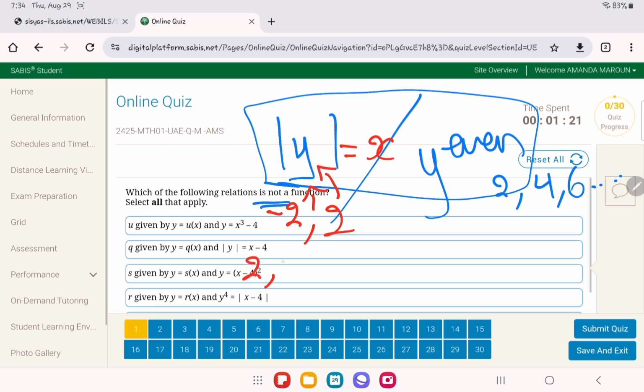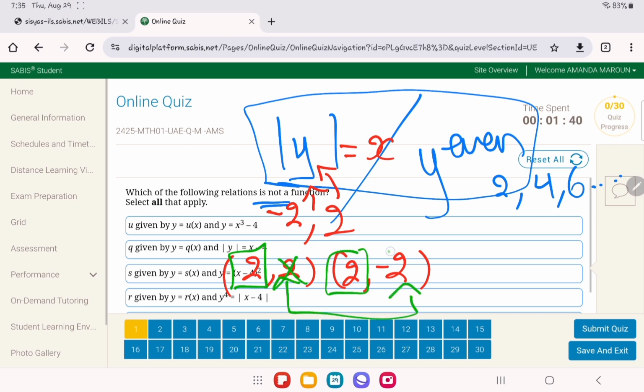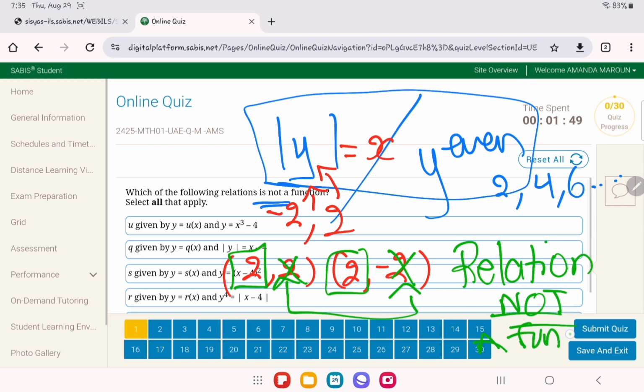That means our x is 2 and our y is 2. And the absolute value of negative 2 is 2, so our x is 2 and our y is minus 2. And whenever we have the same x but different y's, then it is a relation that isn't a function. So it's a relation and not a function.